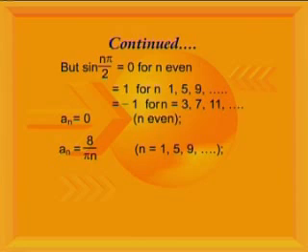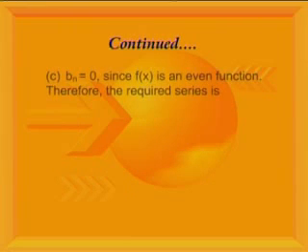And if n is of the form 3, 7, 11 and so on, then a_n is equal to minus 8 over pi n. Now the coefficients b_n are 0 because f(x) is even and sine is odd, so ultimately it is the integral of an odd function from minus pi to pi, and therefore the result will be 0.